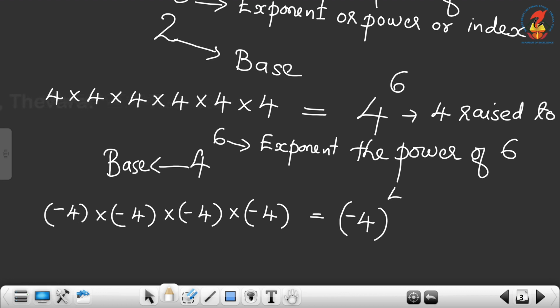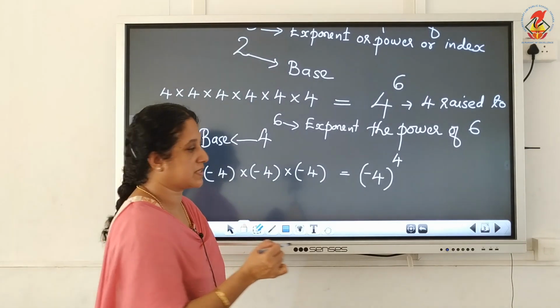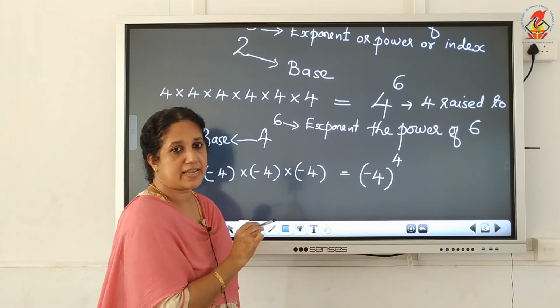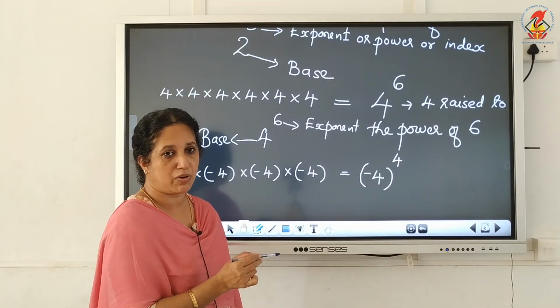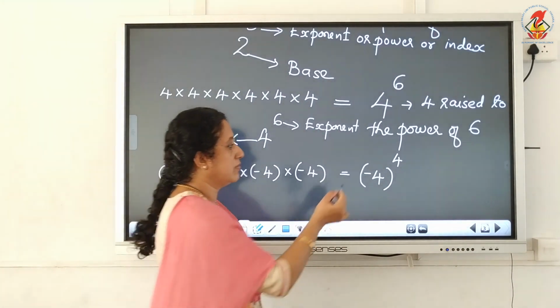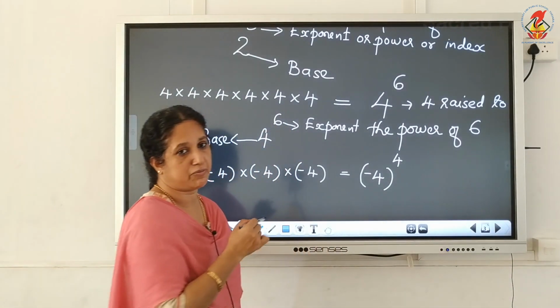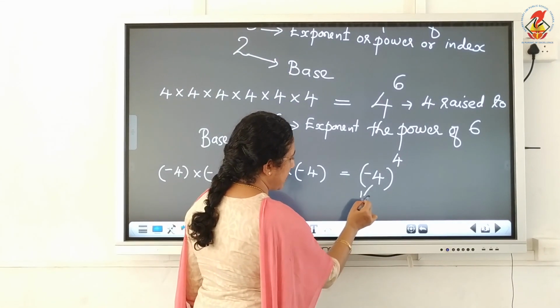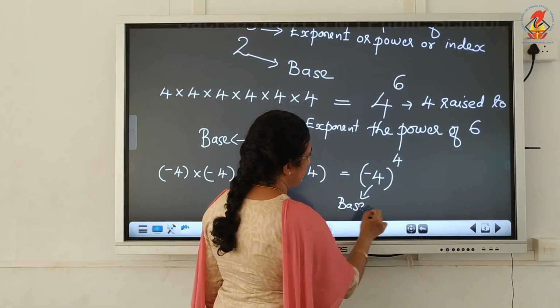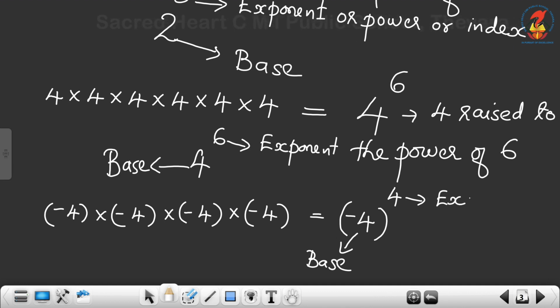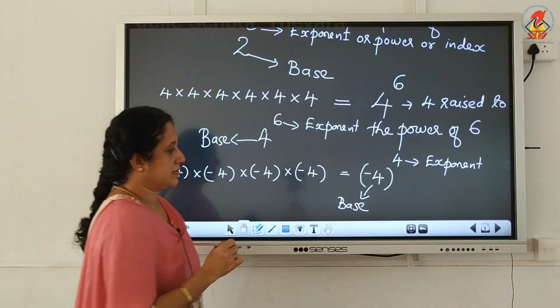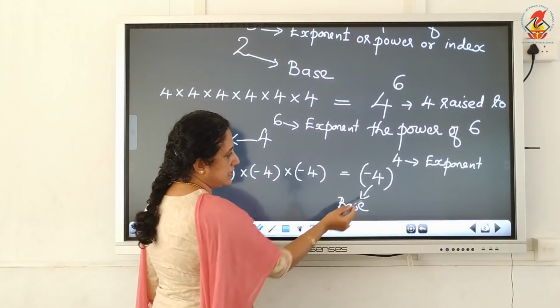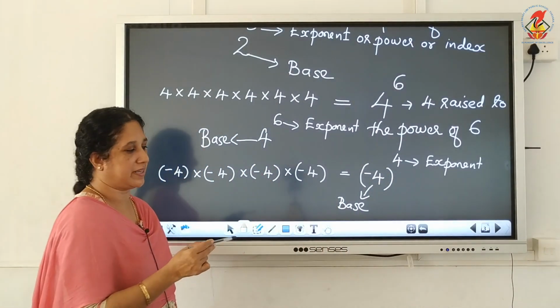We read this as negative 4 raised to the power of 4, or the fourth power of negative 4. Here negative 4 is known as the base and 4 is known as the exponent.